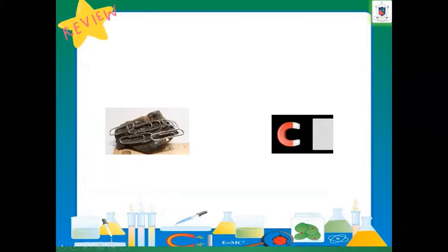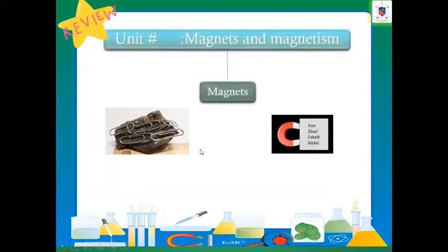Lodestone is the strongest naturally occurring magnet. It is black in color and was the first magnet ever discovered. Some other naturally occurring materials have some magnetic properties, but these magnets are much weaker than lodestone.